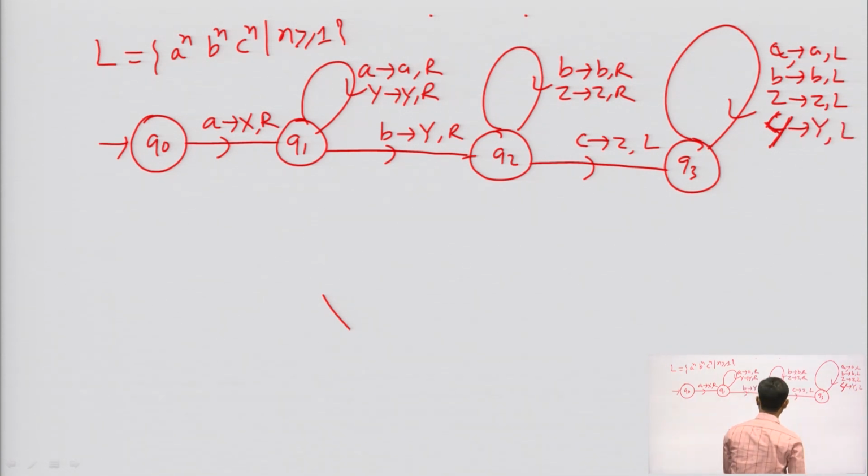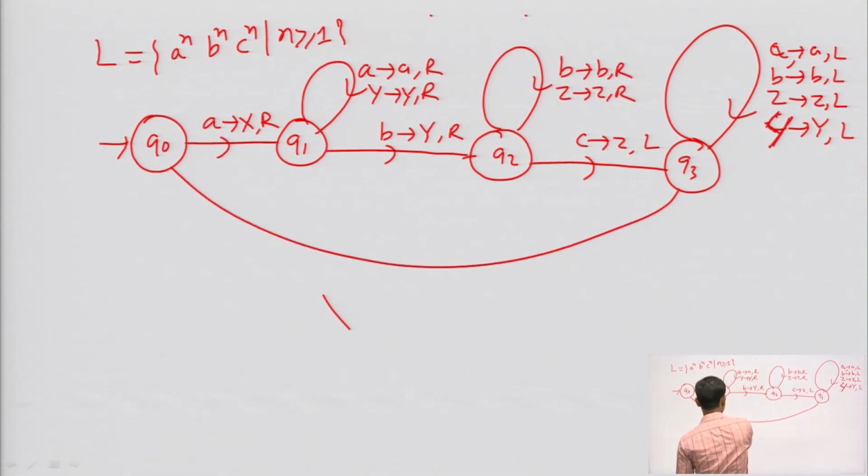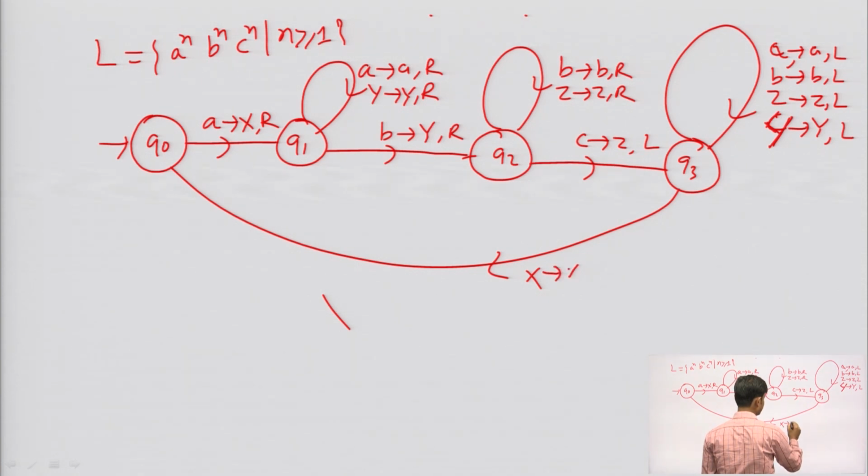So when you find x, and a, b, z, y, when you find x, then go to the initial state. x, then x R move.